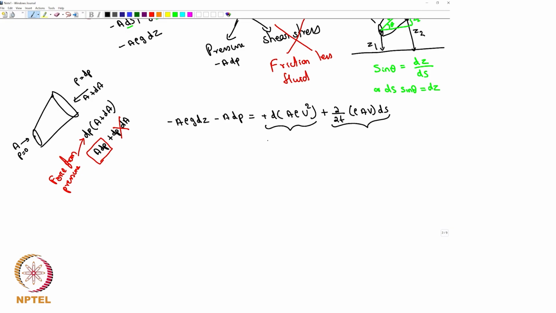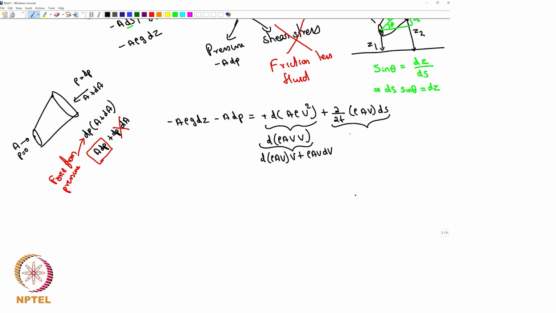So, for convenience, this I will write as d of ρAV times V, which is d(ρAV) times V plus ρAV into dV, plus then what you have as this part.